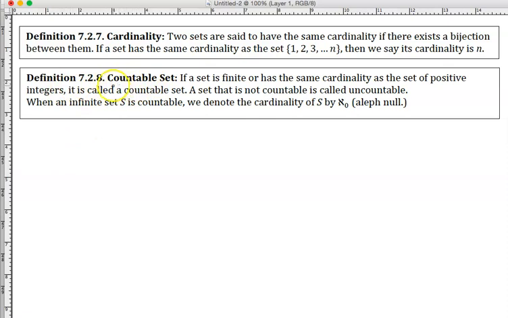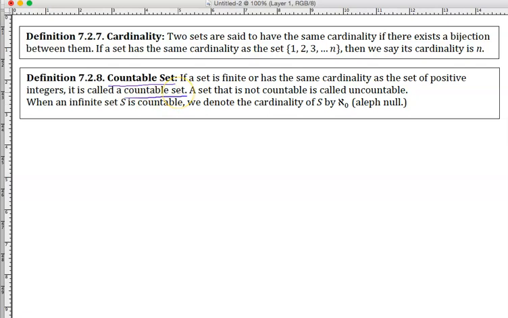So a countable set. Right, so as I said, if a set is finite, then it's countable. Or if a set is infinite, but has the same cardinality as the set of positive integers, then it's called a countable set. All right, so this might be a little bit counterintuitive. It's like, how can an infinite set be countable?